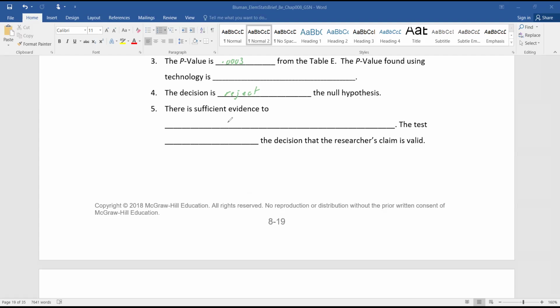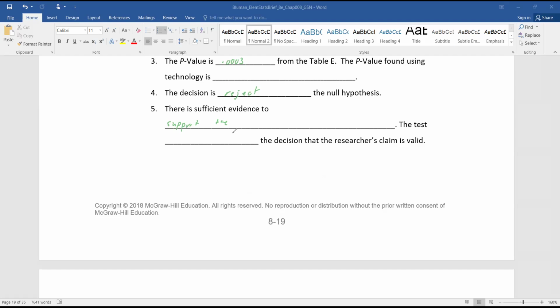Now, for part 5, we're going to write this out. There is sufficient evidence to support the researcher's claim, because if we're rejecting the null, then we're supporting the alternative hypothesis, which ended up being the researcher's claim.